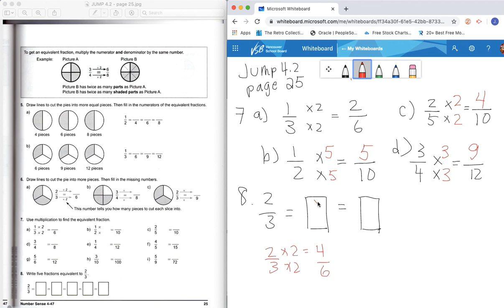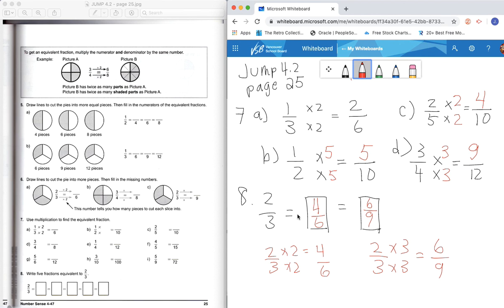So you can write 4/6. Okay, next one, 2/3 times 3 equals 6/9. So you can write 6/9 here. So you can continue with times 4, times 5, times 6. It can be any number as long as you multiply both the numerator and denominator by the same number. It will be an equivalent fraction.